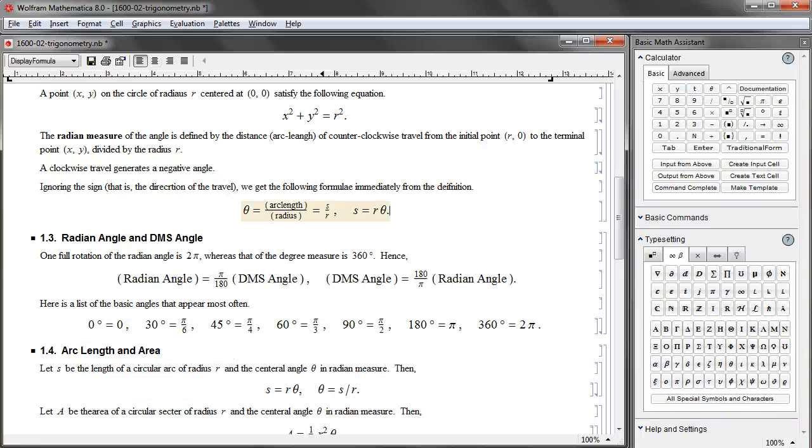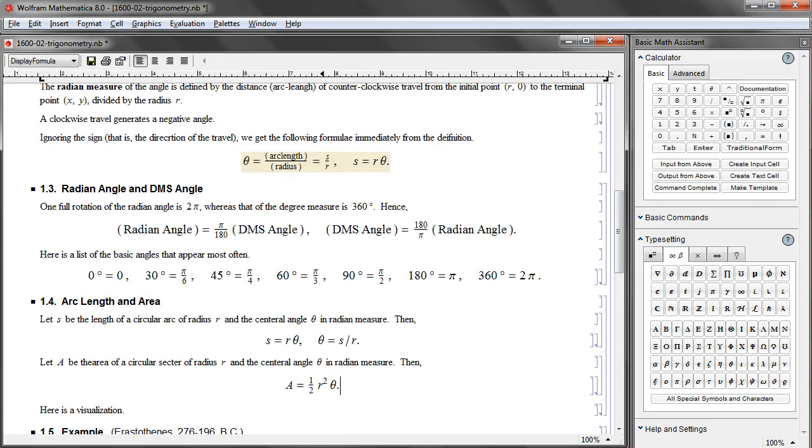And here's the definition again. Arc length over radius, actually counterclockwise arc length over radius. But if we ignore the direction and positive or negative, then we have just geometrical arc length over radius and a geometrical angle difference. So S equal to r theta, the arc length formula comes. And of course we went through the area formula as well, 1/2 r squared theta.